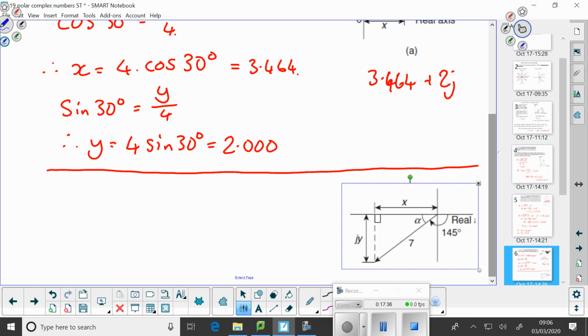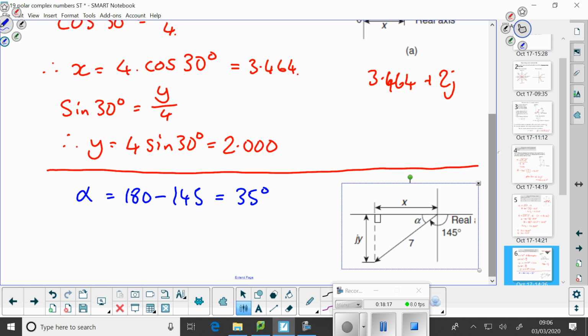What about this one? What angle are we going to have to know to be able to solve that one? We've got a vector over here in the third quadrant. Yeah, alpha is 180 minus 145 equals 35 degrees.